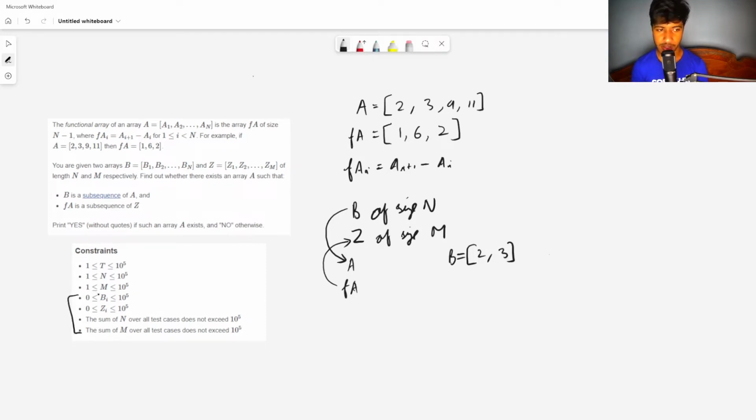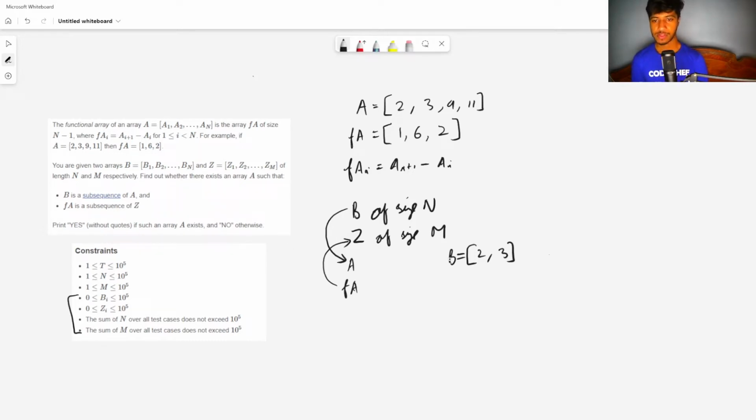The elements of B and Z are always non-negative, so greater than or equal to 0. The sum of n over all test cases is 10^5, and the sum of m over all test cases is 10^5. So you can assume that the sizes of B and Z will be less than or equal to 10^5. Each of the elements will also be less than or equal to 10^5. These four are the most important constraints here.